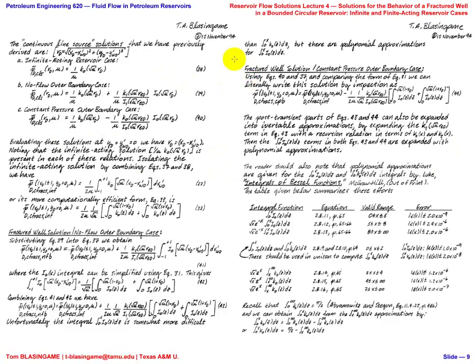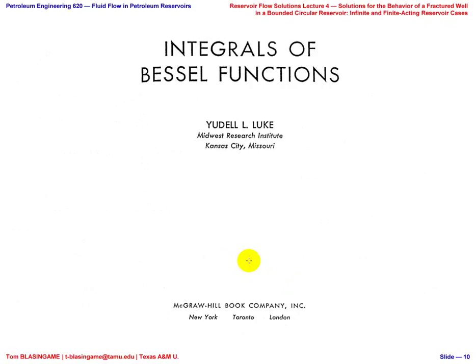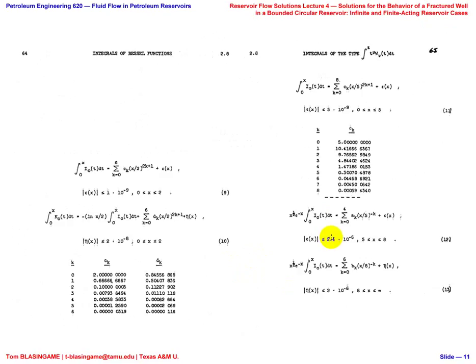So we take a look at how to calculate these integrals, and it turns out that there is a book of integrals of Bessel functions, and that book is by this gentleman, and it just so happens that here's the integral of K0 and the integral of I0 and so forth, and they've been given approximations that are essentially single precision, but they're probably accurate enough to use for what we want.